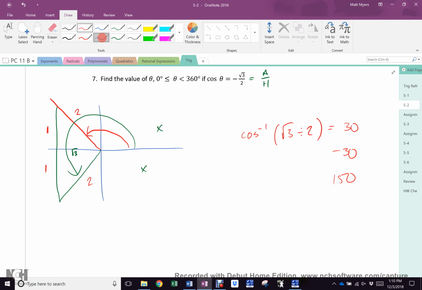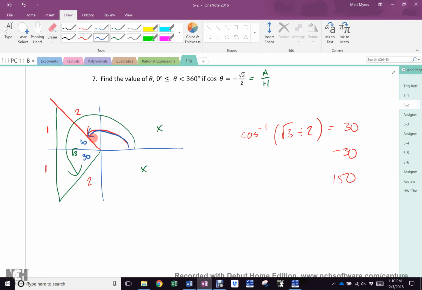The 30 lives in here. The 150, your calculator might give it to you for this part. But you have to know what it means. Just hitting buttons on your calculator does not give you the answer. Because 30 is not the answer to any of these thetas.